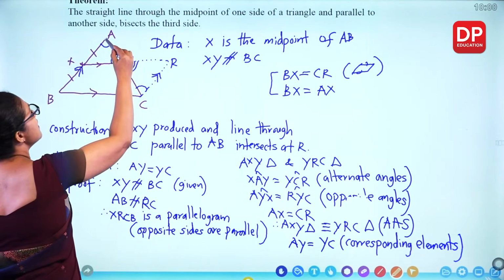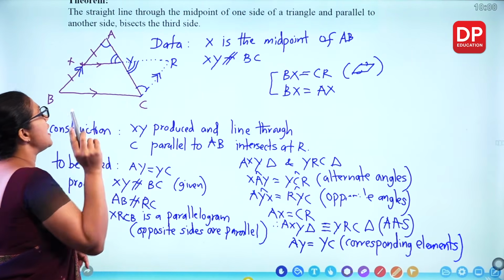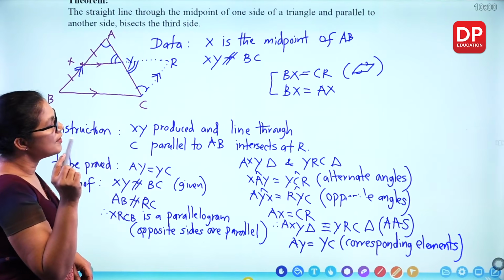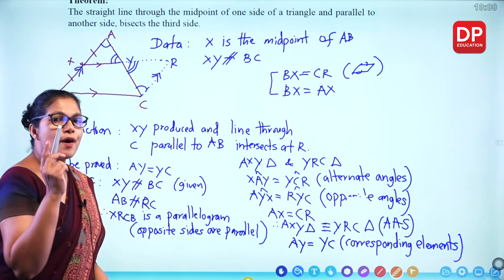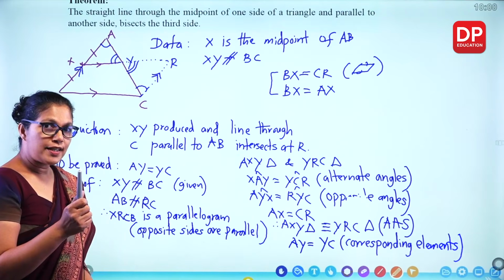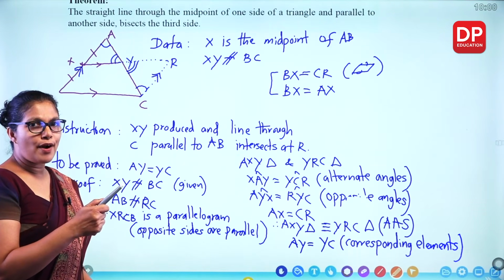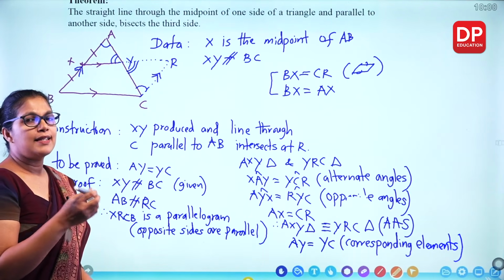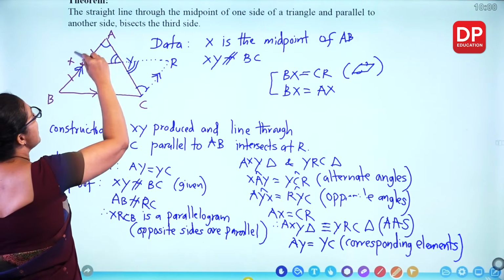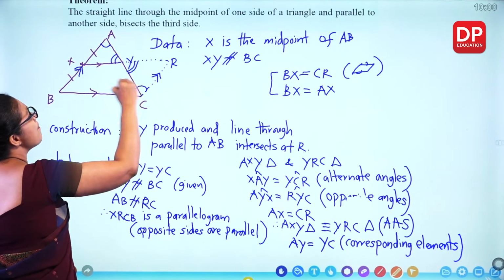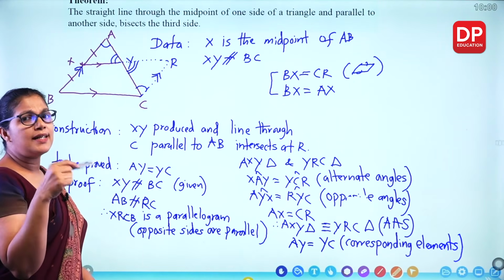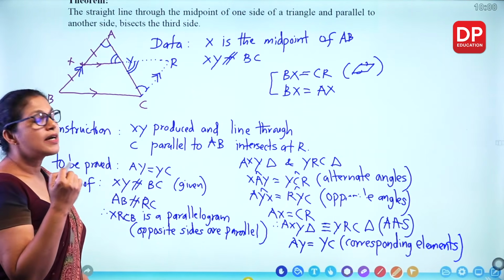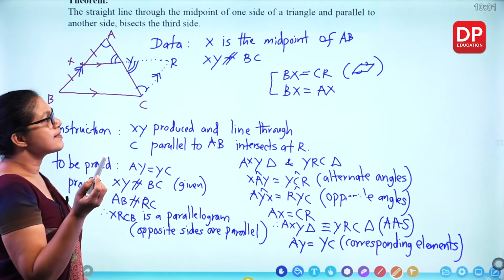So that means AC and XY bisect each other. So that's the converse of the midpoint theorem. In the midpoint theorem, you know one midpoint and the parallel line drawn to the third side, so that line bisects the other side. We'll use this converse theorem in several examples and see.